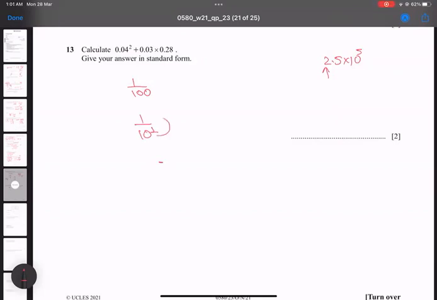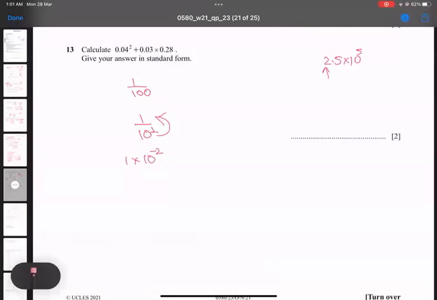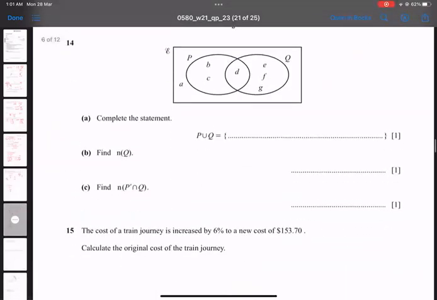And when you bring it up, this becomes 1 into 10 to the power negative 2, because whenever we bring it up in powers, the power sign changes. So this is a short way to get the answer. And luckily there is no number after 1, so no need to write. So this is our standard form. Alhamdulillah. Let's go to the next one.